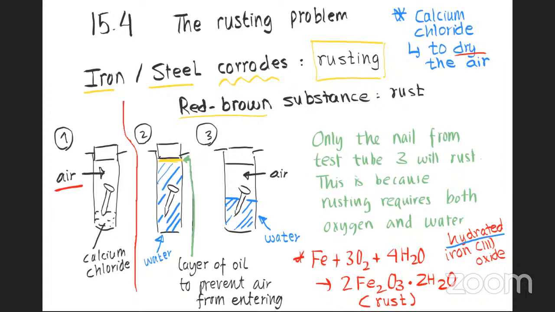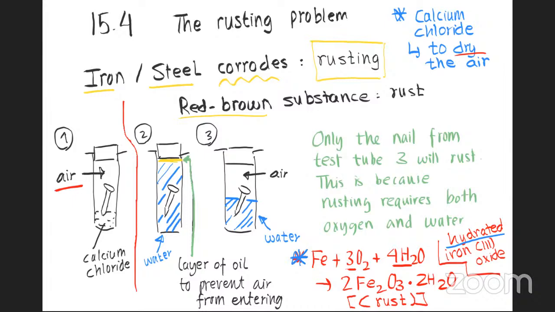When iron reacts with oxygen and water, it produces hydrated iron(III) oxide, which is known as rust. I think it's a good idea to learn this formula.